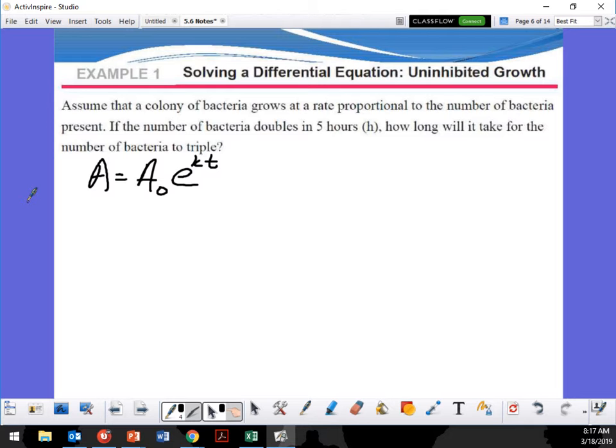So the number doubles when? In 5 hours. So I know that I'm going to end up with what in 5 hours? It's going to be 2. Okay, so it's going to be 2 A sub naught.